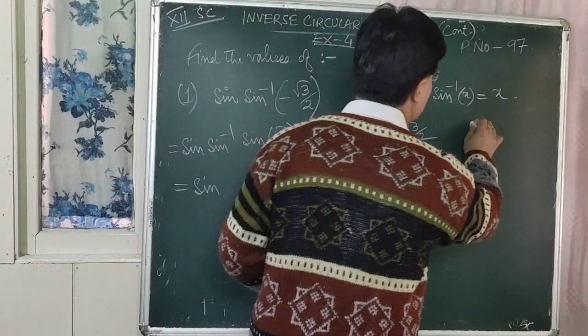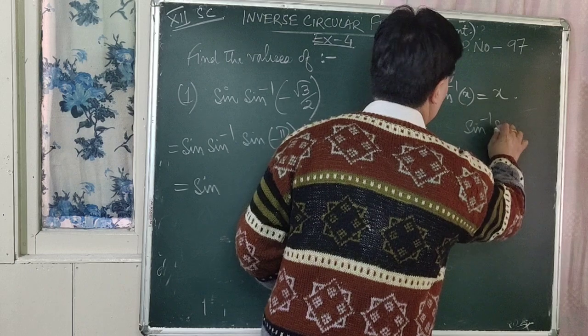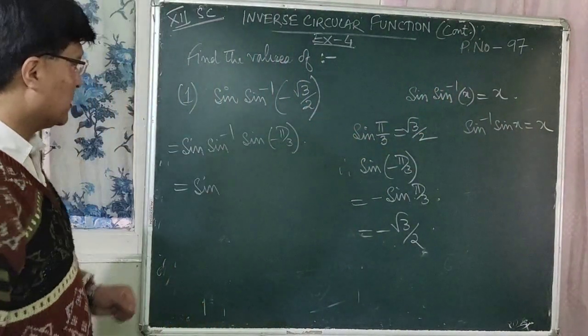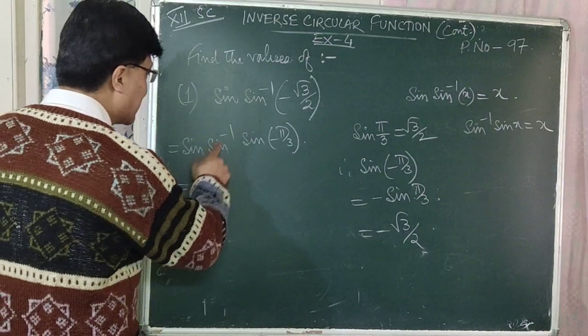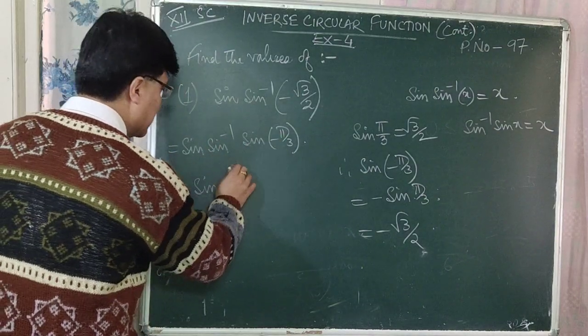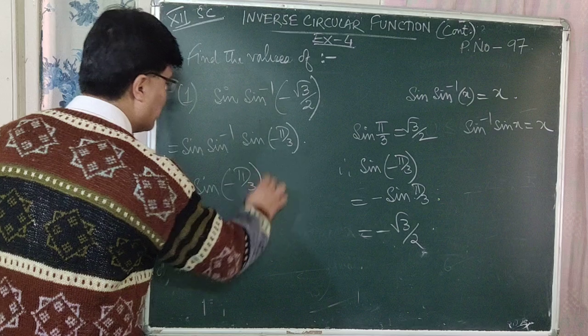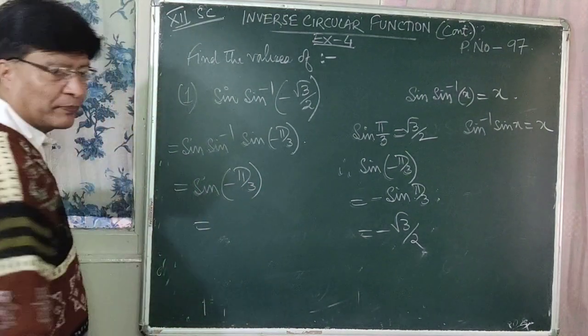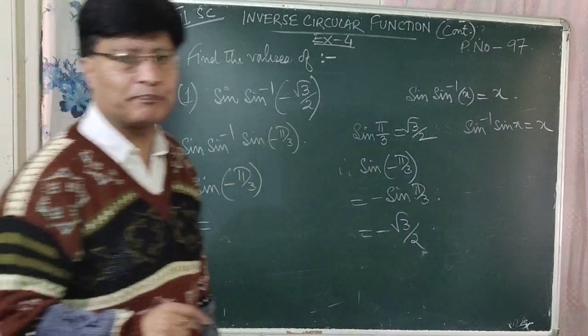What is sine inverse sine x? You know that it is x, that is minus pi by 3. Is that clear? So now, you know what is sine of minus theta?